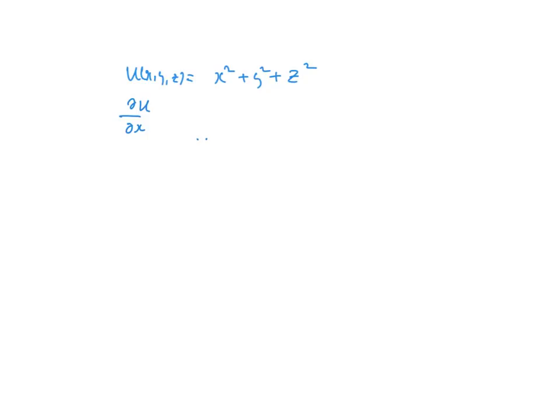Okay. All right. Can you see? X. So we are taking the partial derivative with respect to x. That means we are taking y and z as constants, right? So that's simply 2x. Partial u over partial y is simply 2y, partial u over partial z is 2z.